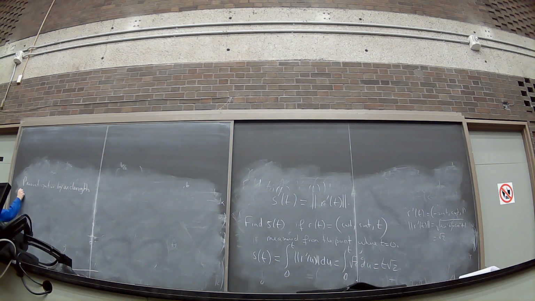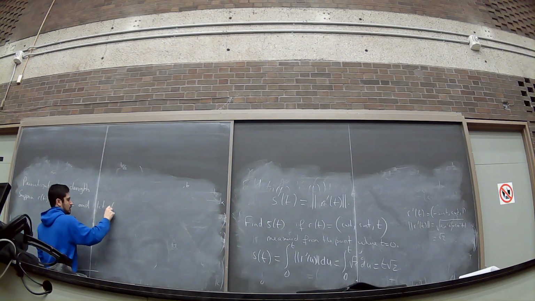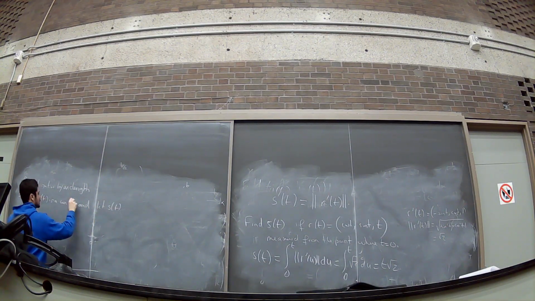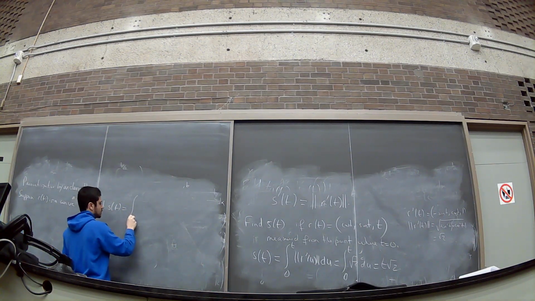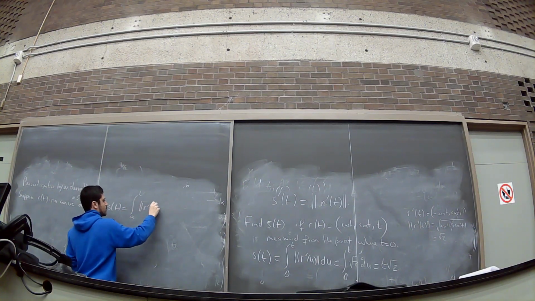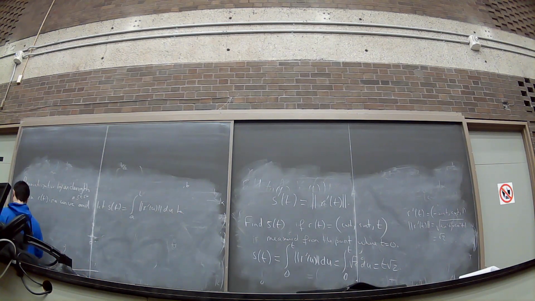Suppose R of t is a curve, for t between A and B, and let S of t, the integral from A to t of the norm of R prime of u du, be the arc length function.